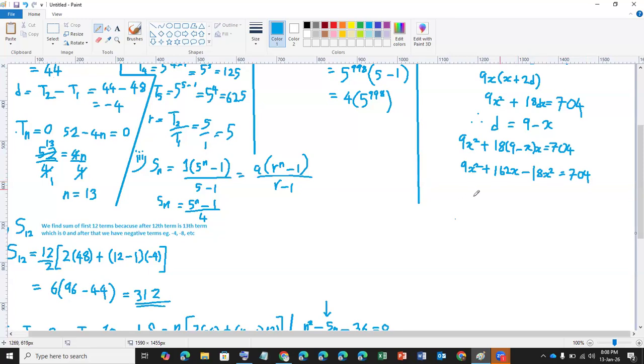So that's going to be 9 minus 9, 162, 161 minus 9 of 2, minus 104. All this equals 0.